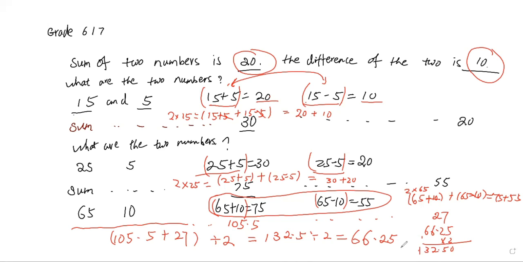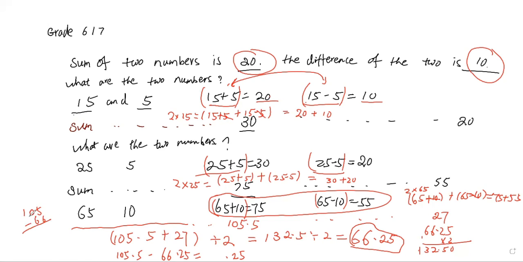And then once you figure out the bigger number, to get the smaller number you could use the sum: 105.5 minus 66.25. And then what do you get? What is 105.5 minus 66.25?